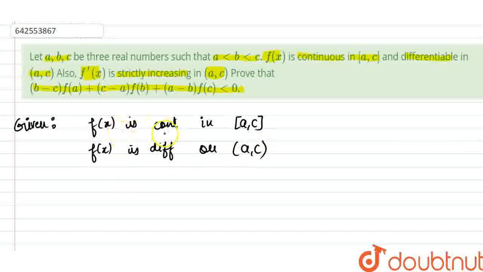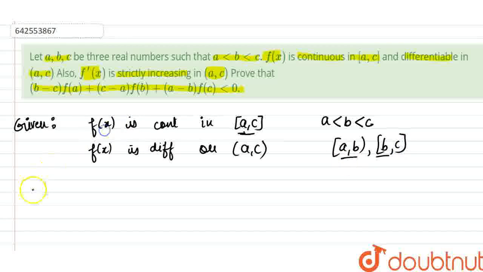Now if f of x is continuous in a closed interval, and it is given that a is less than b is less than c, so we can break this a to c interval from a to b and then from b to c.